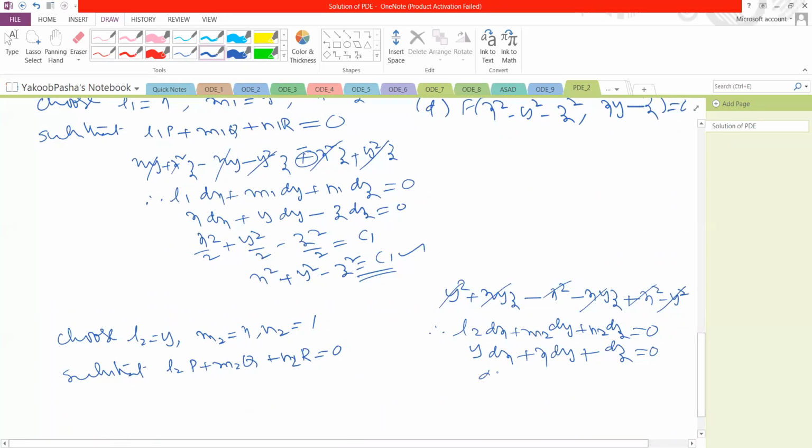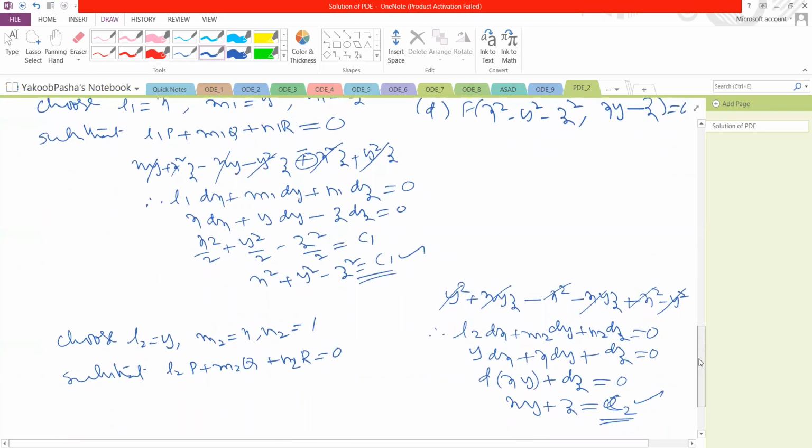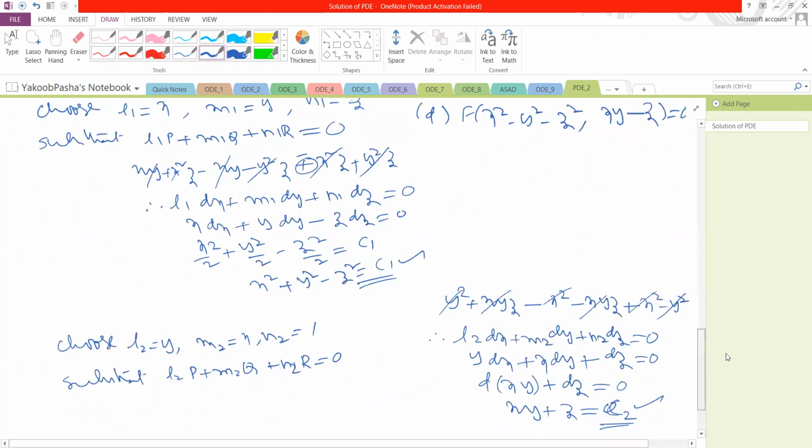We can write it as d of xy plus dz is equal to 0. So here xy plus z is equal to c2. This is the second curve. So the third option లో xy plus z కూడా ఉంది. ఓకే, ఒక ఆప్షన్ వచ్చేసింది అనుకోండి, we can stop the procedure. ఓకే, now direct option పెట్టేయచ్చు, నెక్స్ట్ ప్రాబ్లంకి వెళ్ళిపోవచ్చు.